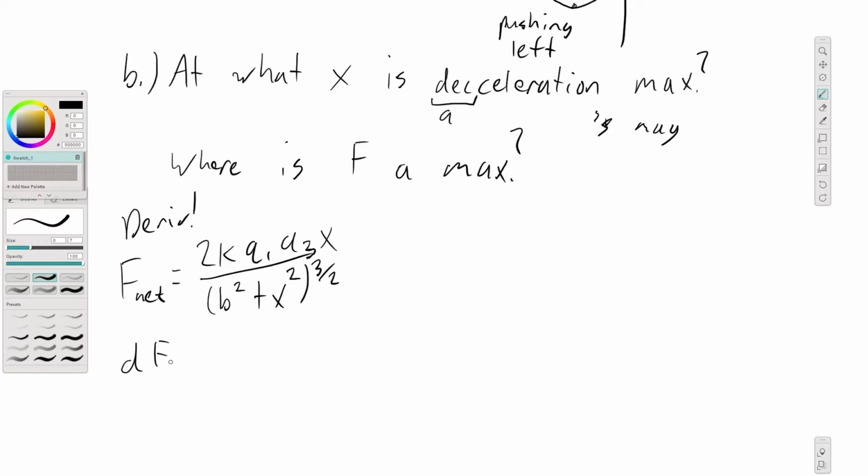So if we're going to do the derivative with respect to x, we've got to see, all right, how am I going to combine my derivative of x and how am I going to combine my derivative of this bottom stuff? You could, recognizing that it's a quotient, do a quotient rule, but I am personally not super inclined to a quotient rule. So what I'm going to look at this and say is that I've got two functions.